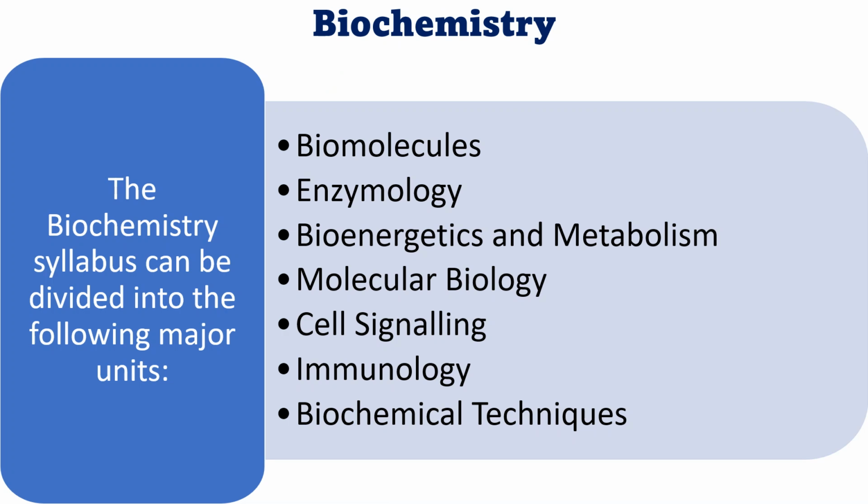So I'll cover these seven different components. If you complete these seven units thoroughly, certainly you have covered the entire biochemistry portion of GATE. Now, one by one we will discuss all these seven units, and then also talk about the strategy to cover them and the important points.